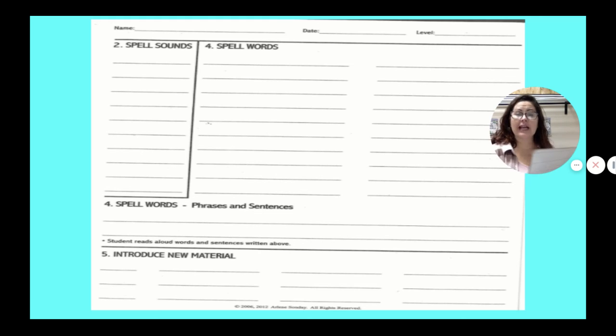Repeat, cream. We only hear 3 sounds. There are more than 3 letters, but write the letters that represent those sounds. Read. Repeat, read. Read. Okay? Repeat, touch, spell, write.